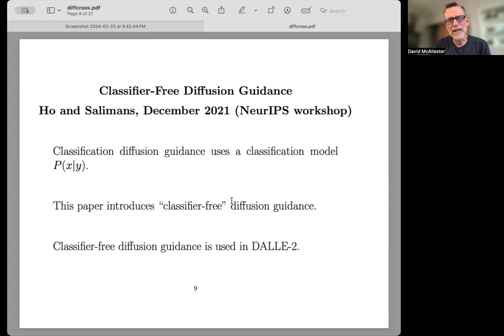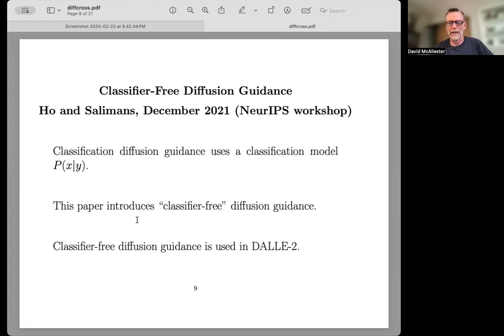Here, we're going to get rid of the classifier. So this is classifier-free diffusion guidance. Classifier guidance uses a classifier.